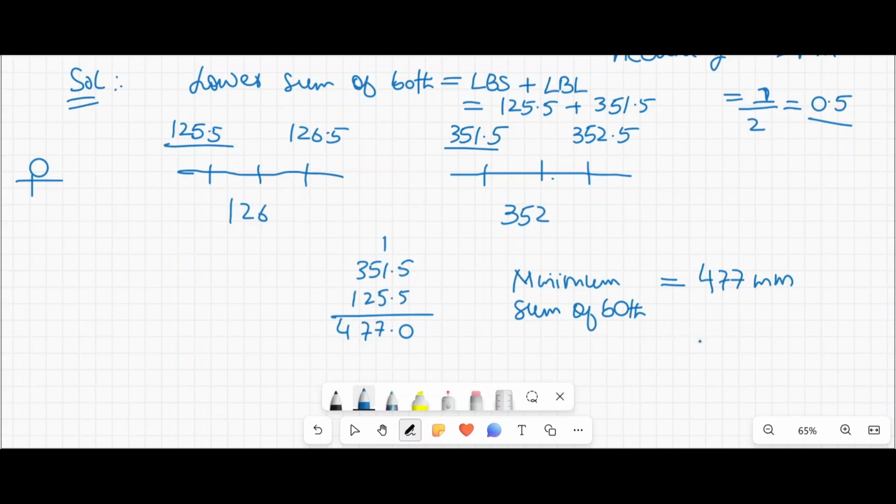Now while converting into centimeter, 477 millimeter divided by 10, you will get 47.7 centimeter.